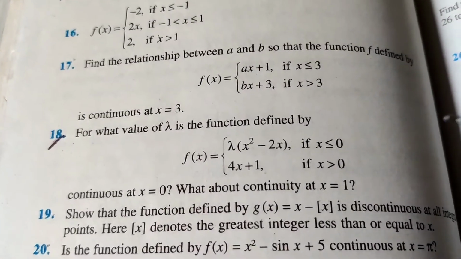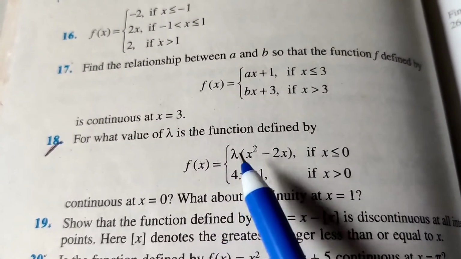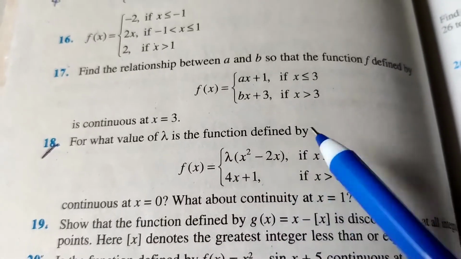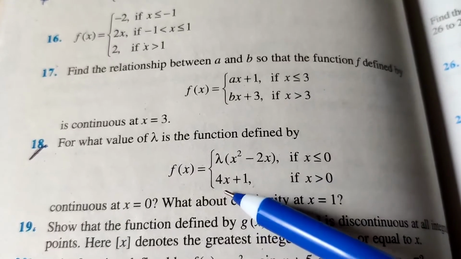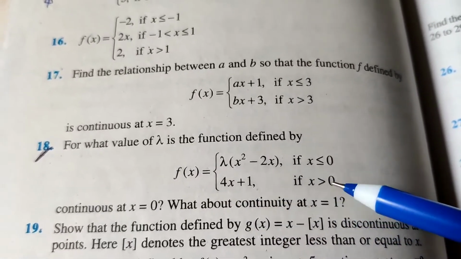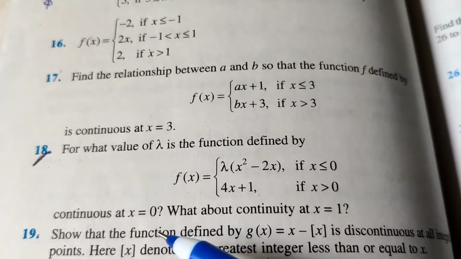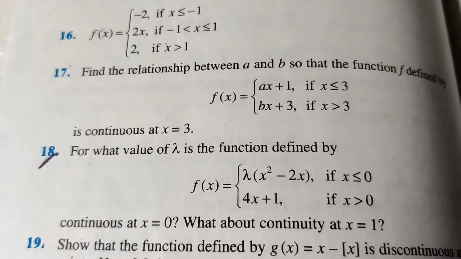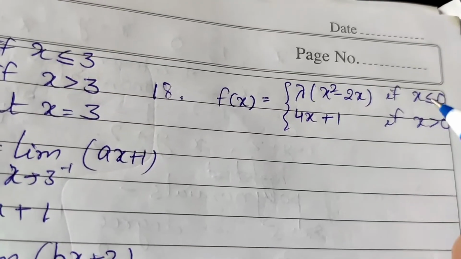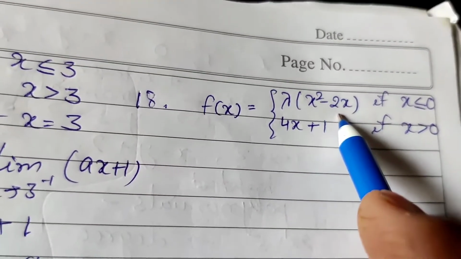Question number 18. For what value of lambda is the function defined by lambda x square minus 2x if x is less than or equal to 0, and 4x plus 1 if x is greater than 0, continuous at x equal to 0? For x less than or equal to 0, the function is lambda x square minus 2x.